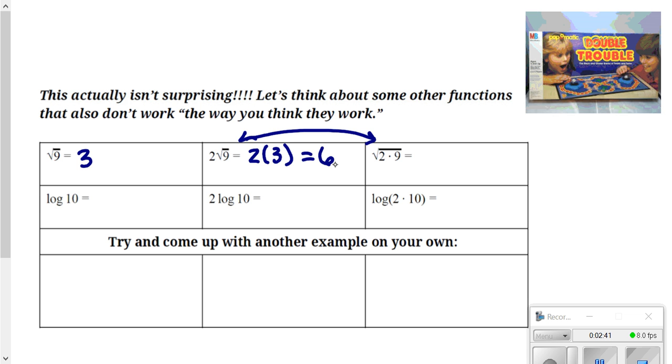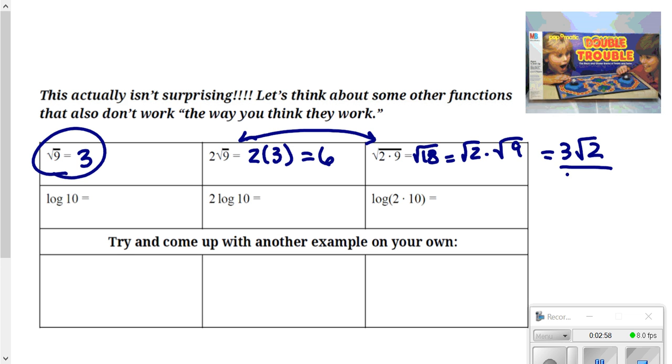Whereas over here, I have square root of 18, which I'd actually break down again to have it as root 2 and root 9. So I'm kind of going in circles, but just talking. And then square root of 9, as we said over here, was 3. So this is 3 times root 2. And 3 times root 2 and 6 are not the same number. They're not decimal equivalents. It's not like they're the same number, but just different forms. They're not the same thing.